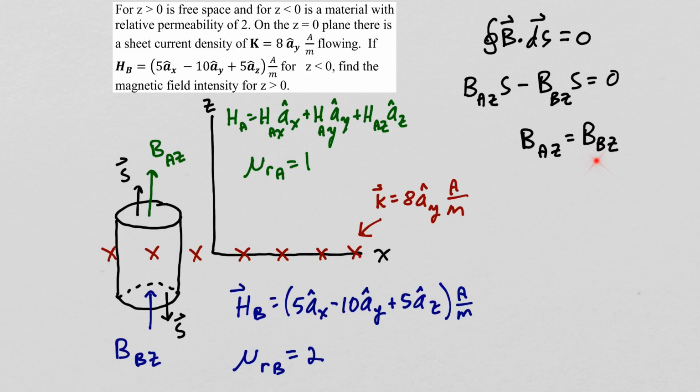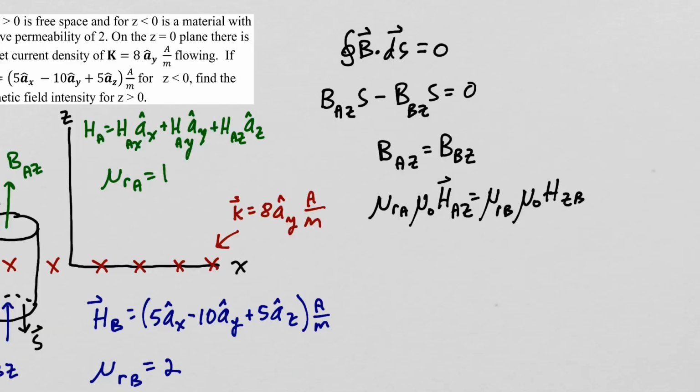So let's rewrite the magnetic flux density fields in terms of the magnetic field intensities using our permeabilities in materials A and B. I've made the substitutions of mu times H for the magnetic flux density fields. Let's divide both sides by mu sub 0.